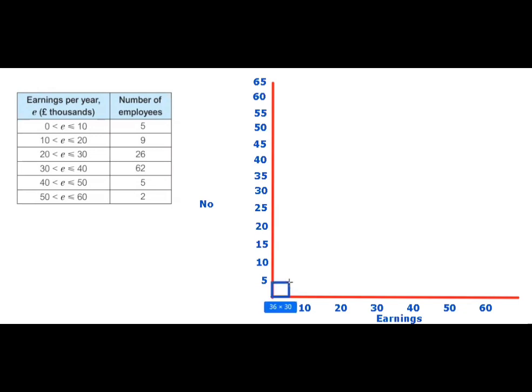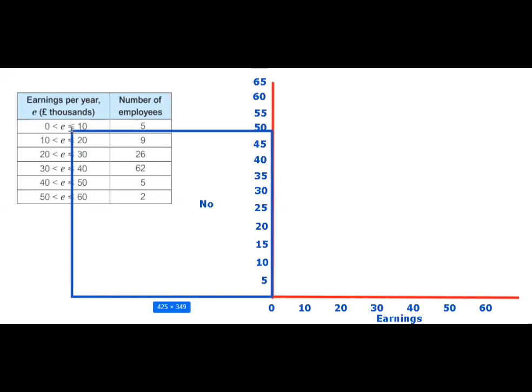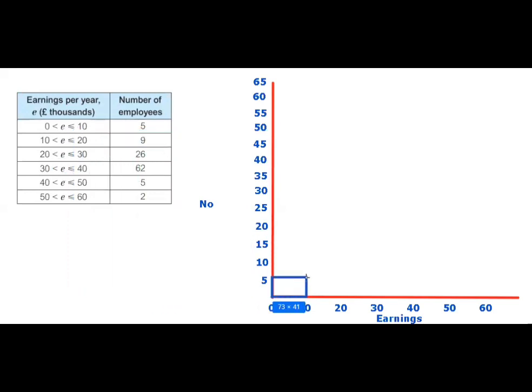So I have the data from 0 to 10. From 0 to 10, it's 5. So I'm going to go until 5 like this. Okay. Now, copy, paste. I'm going to use the same length, and I'm going to put it from 10 to 20. And 10 to 20 here, you can find it's going till 9.